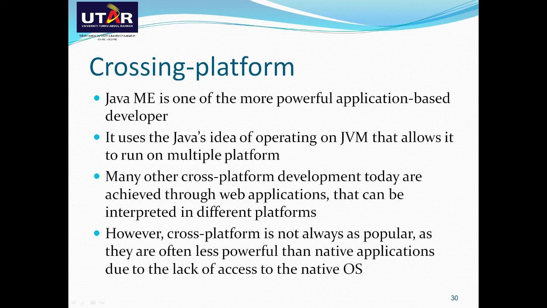These HTML-based UI designs are a lot easier to interpret on different platforms. However, cross-platform is not always as powerful as using native operating systems for development, as they have less capability of accessing some native technology that is available in the operating system itself.